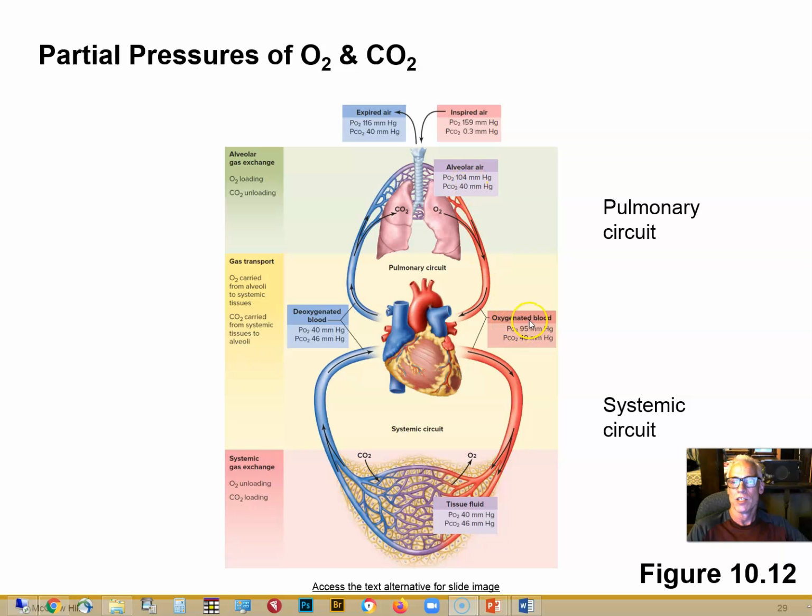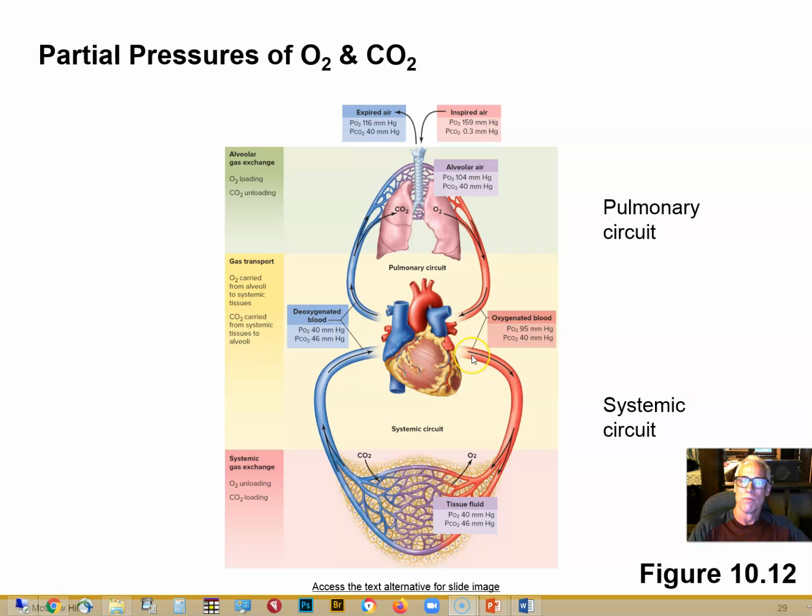The difference in this 95 versus 104, you can just ignore that, is because there's a small volume of blood that comes from the left heart that goes to the lungs to oxygenate all the structures in there. It's not part of the pulmonary circuit. It comes from the left ventricle through this big artery, say, and then a branch goes right up here to oxygenate this tissue, and then right back into the aorta. Holy mackerel.